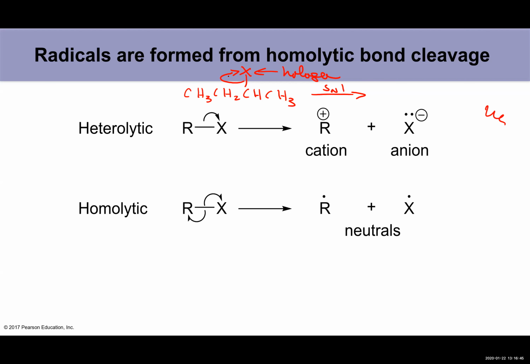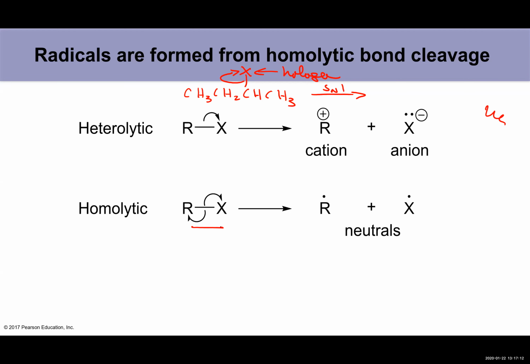We often call these ionic reactions, so substitution reactions are often referred to as ionic reactions because there are ions involved, and this is caused by the heterolytic cleavage pattern. Then there's homolytic cleavage. And homolytic cleavage happens more often when two things have similar electronegativity. So what happens is you add energy, right?